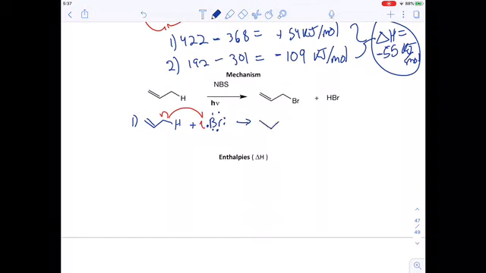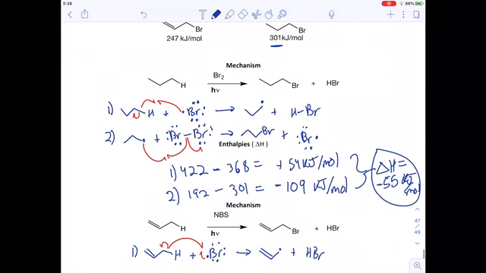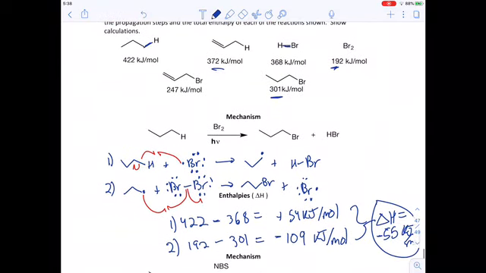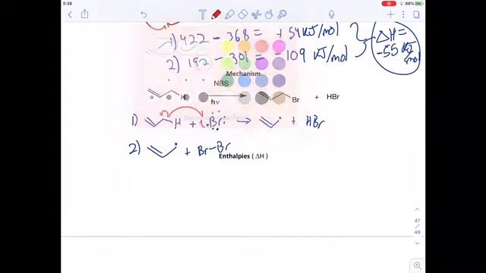So in this case, you are going to break a CH bond, and you're going to form an HBr bond, which is similar to before. The only difference is that this is a double bond allylic to the H, so that actually has its own separate enthalpy, so make sure you remember that.